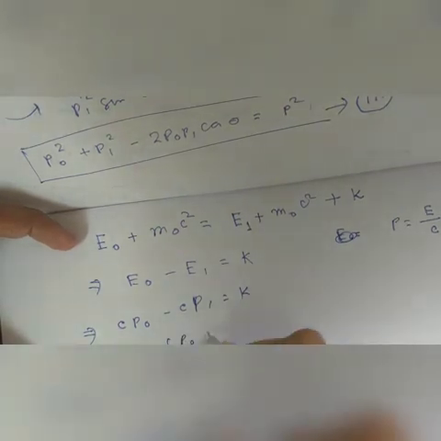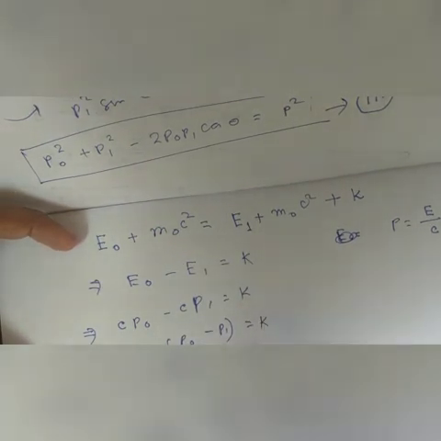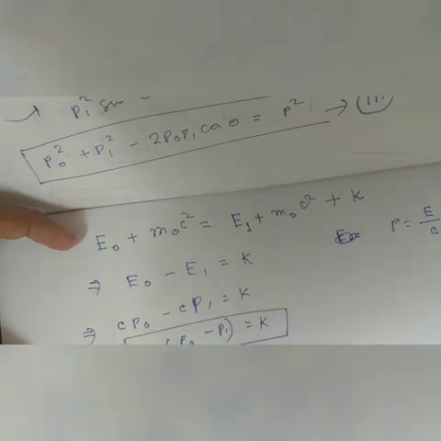So c times p naught minus p1 equals K. We will have to use this relation later.